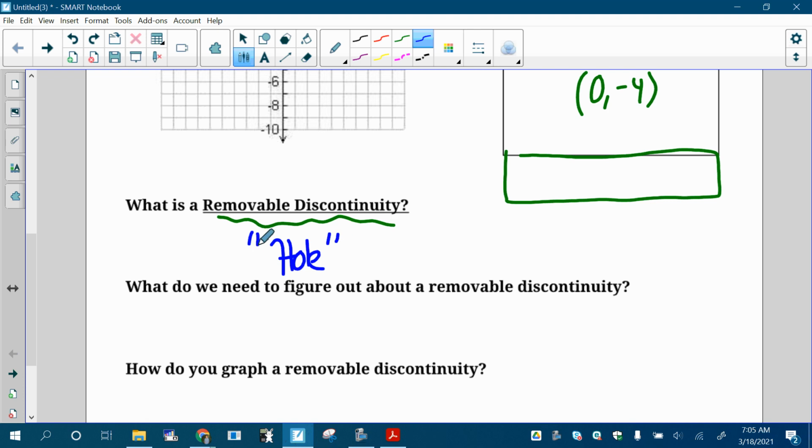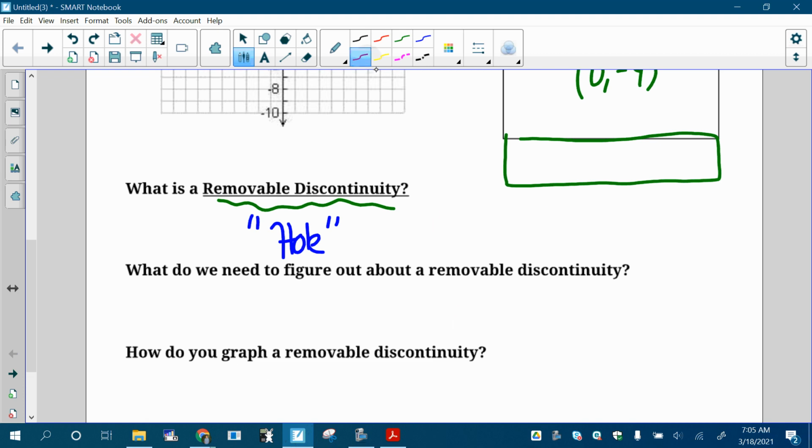Literally a hole. The graph is going along, going along, and there's a big old hole in the graph, and it keeps going along. You've never seen this before? This is a new thing, and it's kind of unique to rational functions as far as stuff you've seen. So there's a big hole in the graph. Now, what do we need to figure out about the hole?